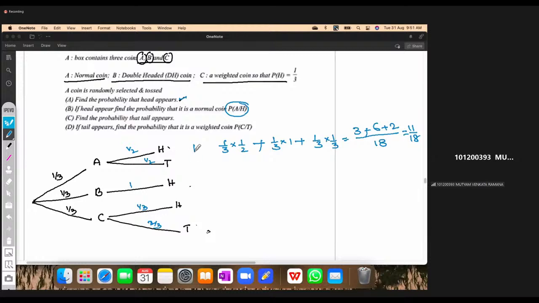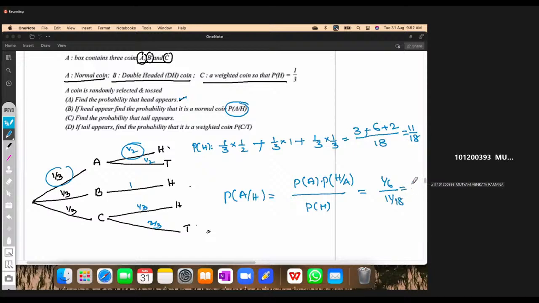This is the probability of head, 11/18. Now the probability of A given H is the probability of A into the probability of H given A, over the probability of H. So it is 1/3 into 1/2, that is 1/6, divided by 11/18, which is equal to 3/11. Now find the probability that tail appears.